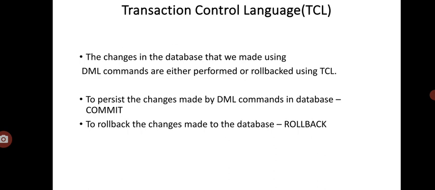If we make some changes to the database but a power failure occurs, the database might be in an inconsistent form: several attributes are updated and several are not. So it is better not to update the overall tuple. We roll back the database to the original condition where it was before the update, and that can be done using the rollback command. So that is all about commit as well as rollback.